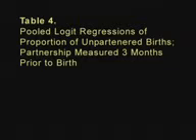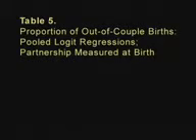In the case of Table 4, we observe it 3 months prior to birth. So we're asking the question, was this woman in couple 3 months before giving birth? Whereas in Table 5, we look at the woman at birth. So the results are very similar, and I'm just going to focus on Table 4.